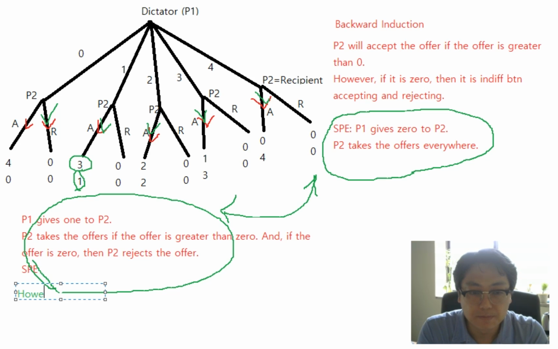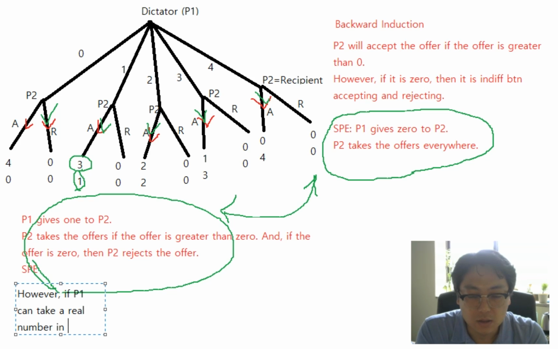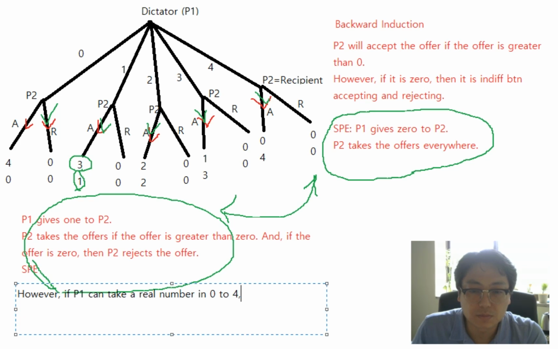However, if player 1 can take a real number in 0 to 4, which means player 1 can take every number in 0 to 4, then there are an infinite number of branches here to represent a certain real number.